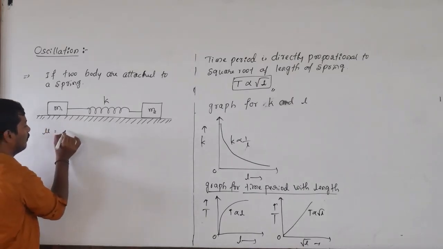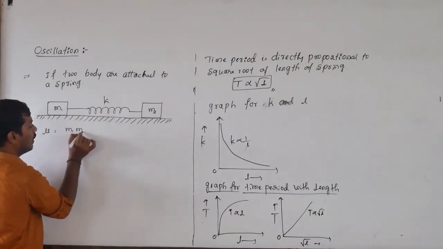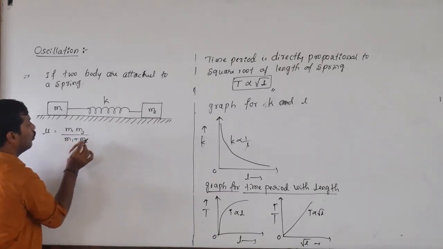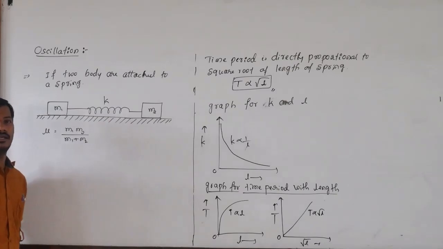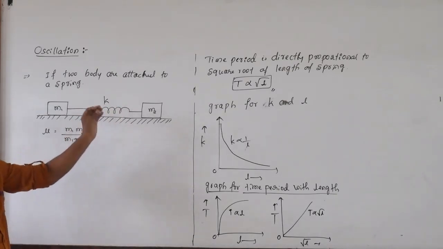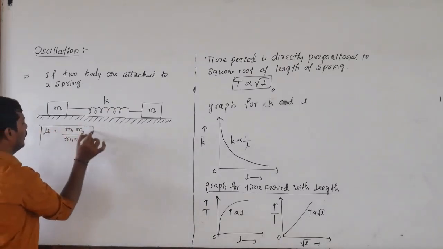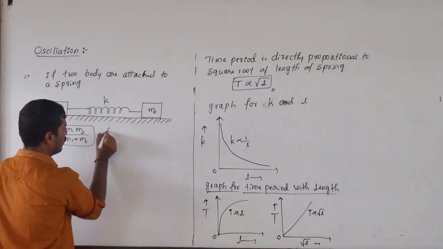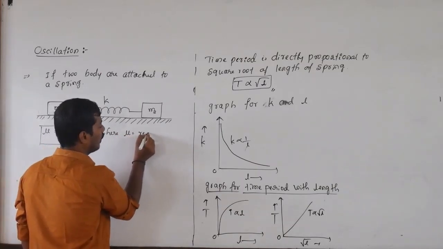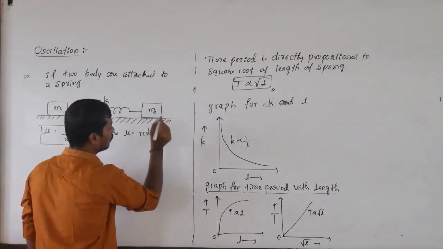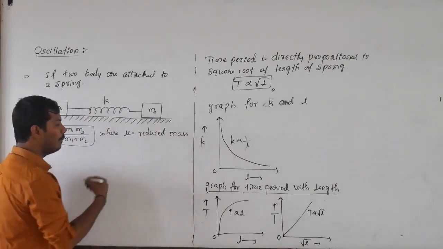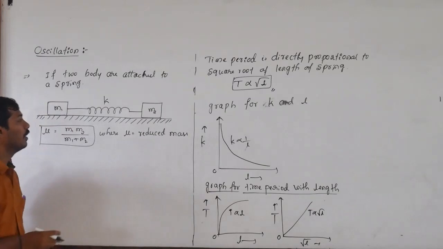Its equation is nothing but M1 M2 divided by M1 plus M2. These two are connected to a single spring, where mu is called the reduced mass of the combination of the two masses.